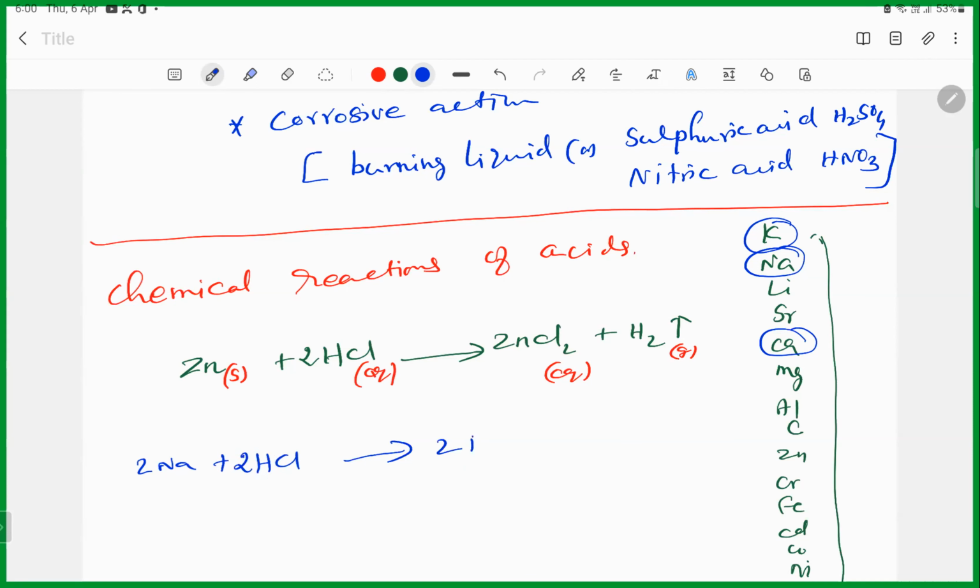It gives 2NaCl plus hydrogen gas. NaCl is aqueous, and sodium is solid.